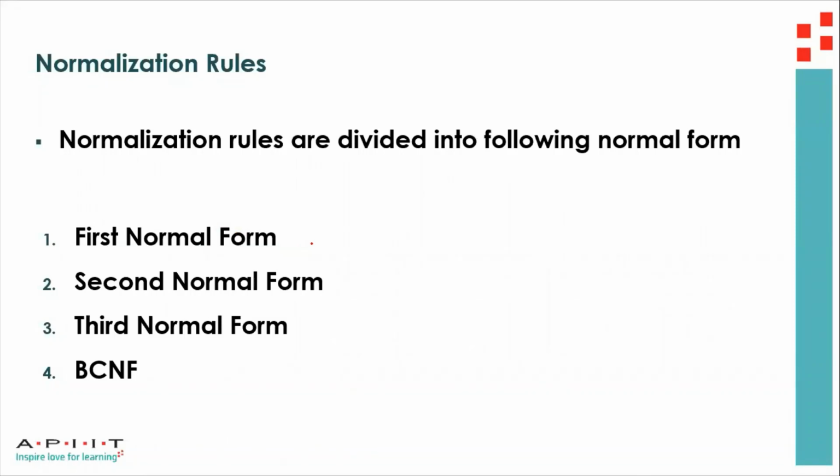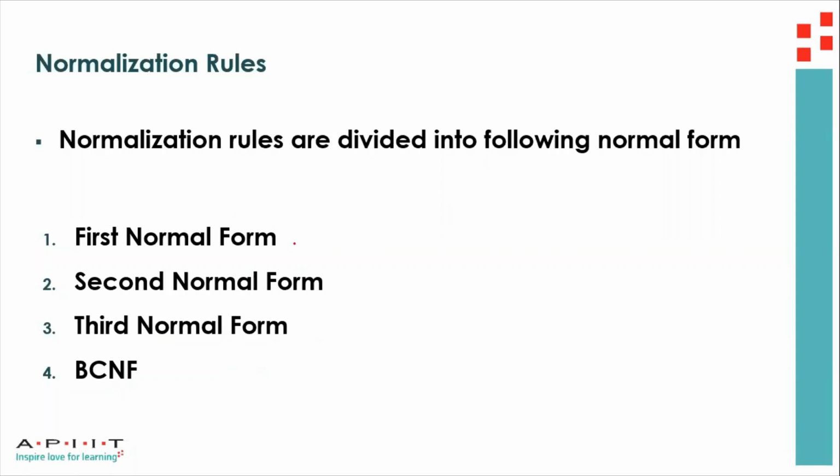If you want to learn further in the computer science stream, you will learn another normal form called BCNF, Boyce-Codd normal form. So we have four normal forms: first normal form, second normal form, third normal form, and BCNF.